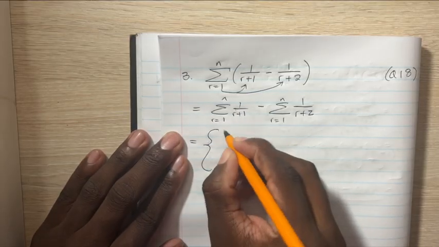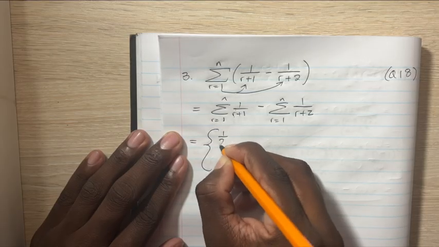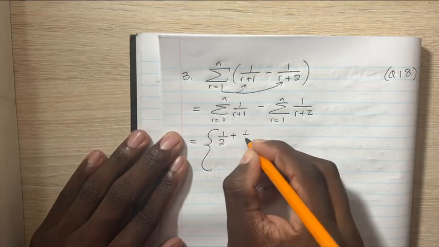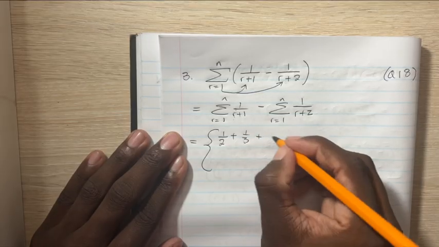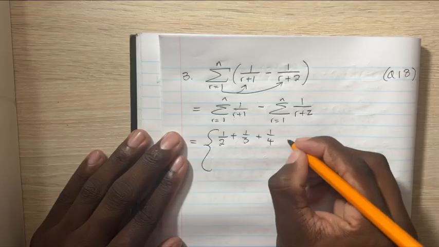First series is going to be from r is 1. It's going to be 1 over 2 plus, where r is 2, 1 over 3, r is 3, 1 over 4. You get the idea.